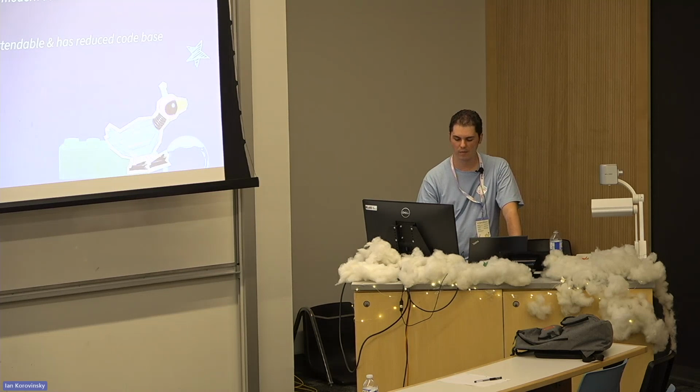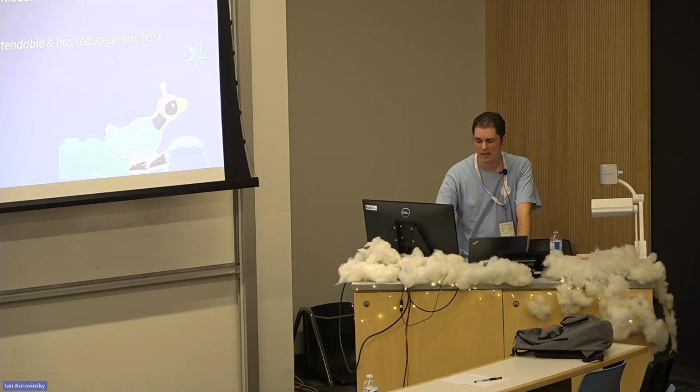HTMX is small, so it's 14 kilobytes when you minimize it and zip it. There's no dependencies. It's got many extensions, and typically when you use HTMX over something like React, you can reduce your code base by 67%. Right?